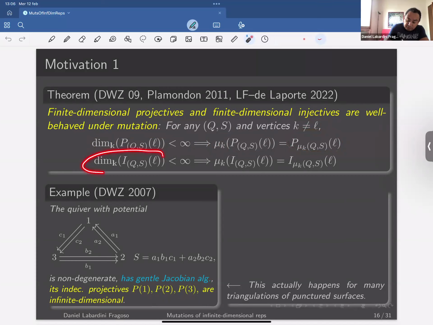And the same for the injectives: a finite dimensional indecomposable injective goes to the corresponding finite dimensional injective as long as you are mutating at a different vertex k.